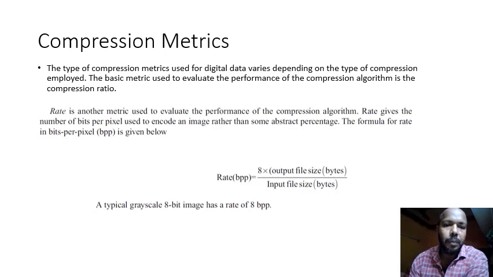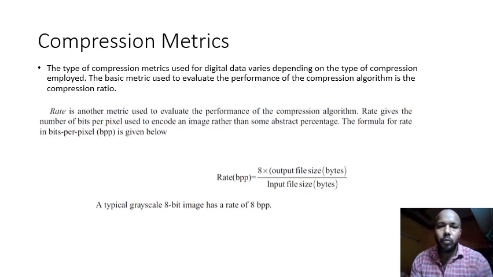That is bits per pixel, generally denoted as BPP. So let's see what rate is. Rate BPP is equal to 8 into output file size, in terms of bytes, divided by input file size, in bytes.